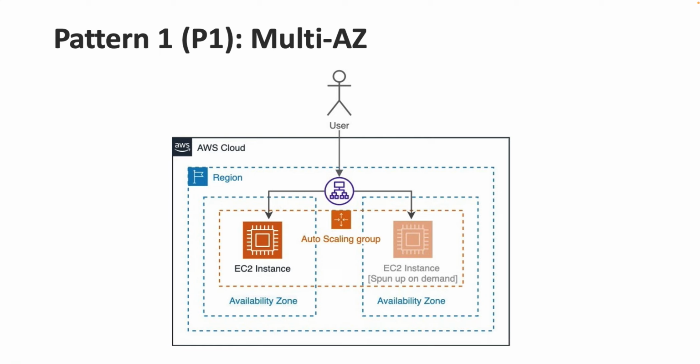The use case you can see in this pattern would be internal employee applications, which can sustain some amount of downtime, and it doesn't need to have multiple instances deployed because it's eventually a workforce consuming some of the internal resources.